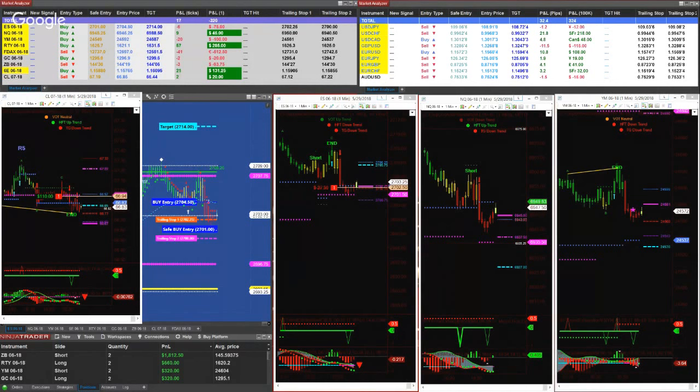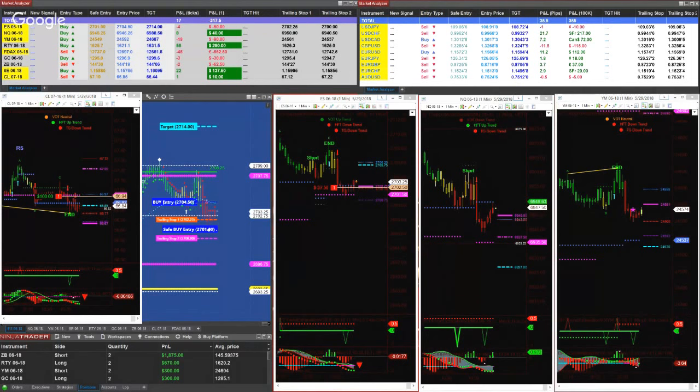The market really hit south and all the signals have changed. The ES cannot find direction, guys. Simply, the ES cannot find direction.